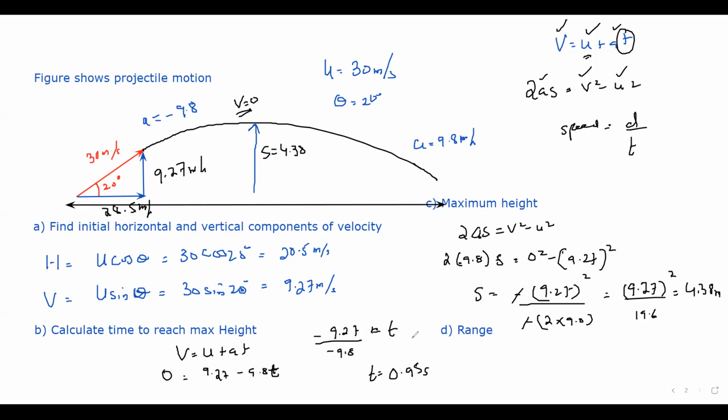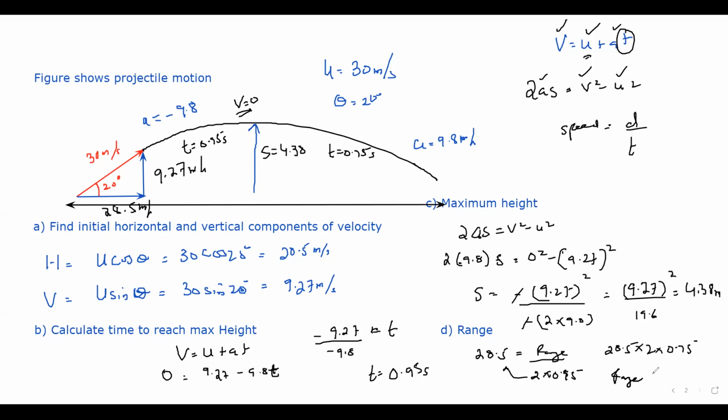So horizontal speed is 28.5, distance is the range we are finding, and then the time. Look, the time to reach the maximum height was 0.95. So time to return back will also be 0.95. So total time will be twice, 2 into 0.95. So this whole is multiplied, and we'll get the range: 28.5 times 2 times 0.95.